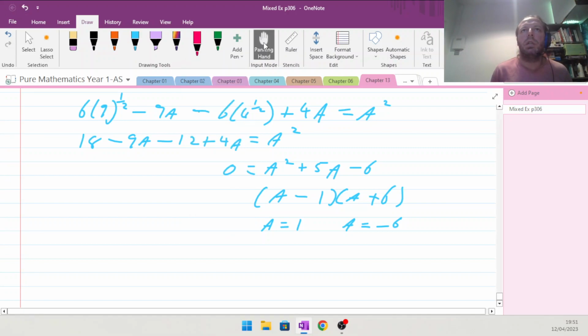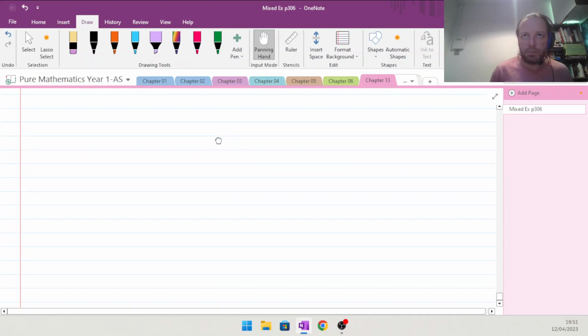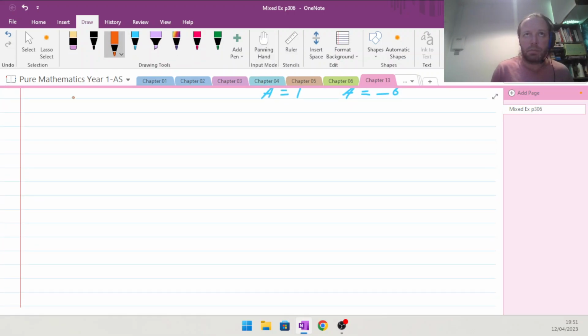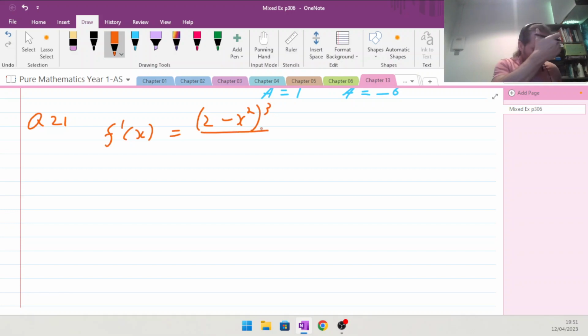Question 21. We have f dash, the differential of f of x, is equal to 2 minus x squared, cubed, all over x squared.